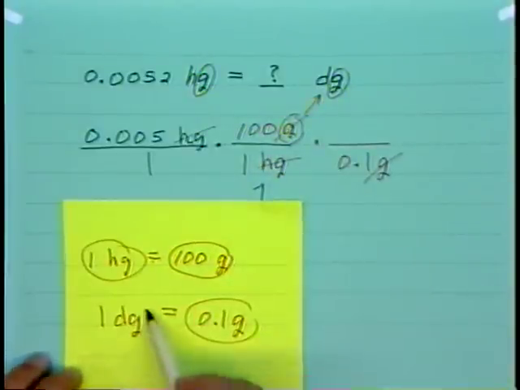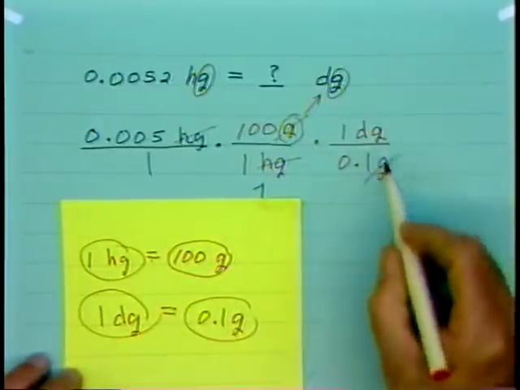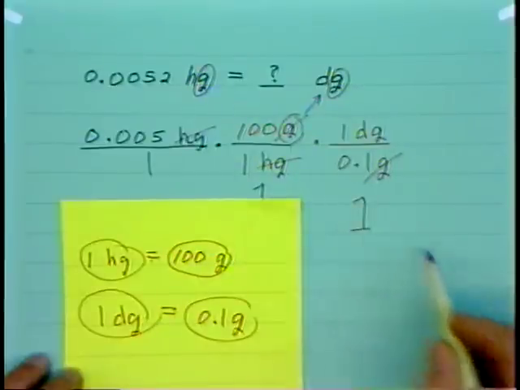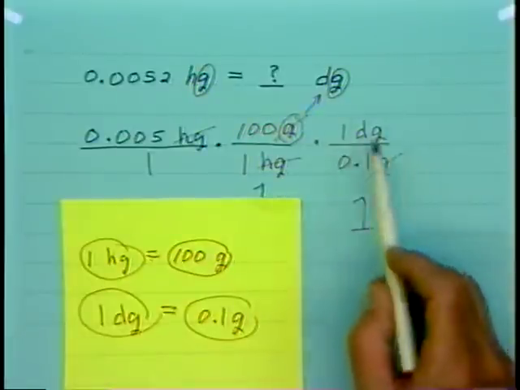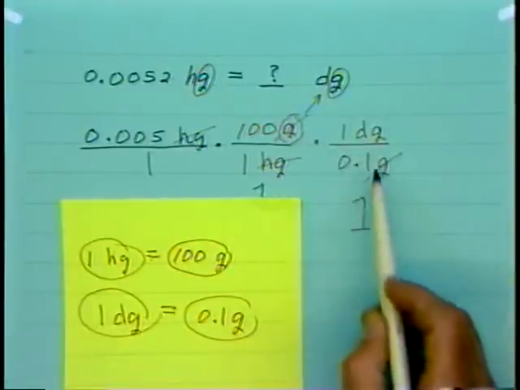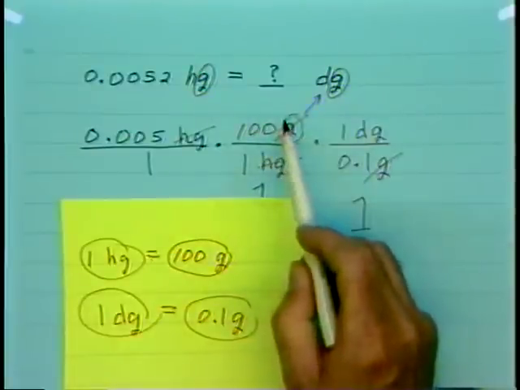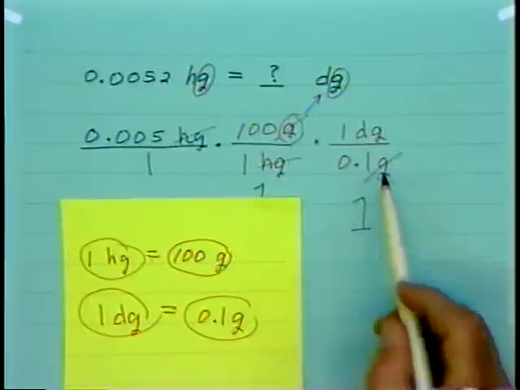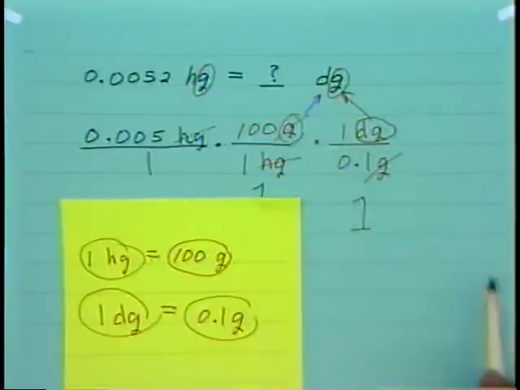And then I put an equivalent amount on top to guarantee that this whole multiplier is still logically equal to 1. Now again, the top was equal to the bottom, so I am multiplying by 1. I did get rid of what I wanted to get rid of. That tells me I'm on the right track. And the fact that I ended with what I wanted to end with tells me that, in fact, I'm done.